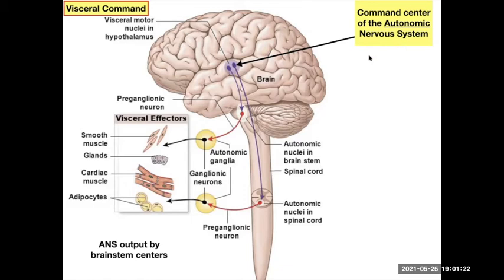And your command center of that is your hypothalamus, right? So these two terms, autonomic nervous system and visceral motor, are synonymous, right? When we're talking about the hypothalamus control over the autonomic nervous system, we're talking about the control over the visceral effectors: smooth muscle, glands, cardiac muscle, adipocytes.